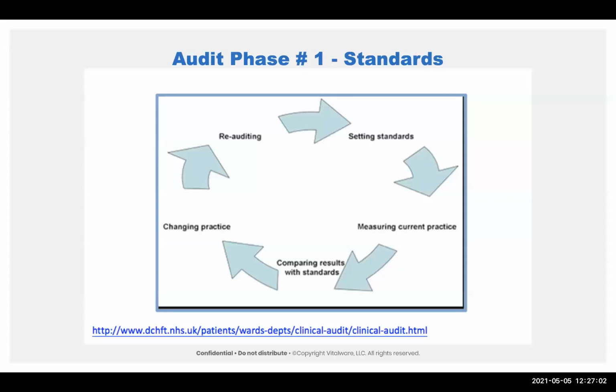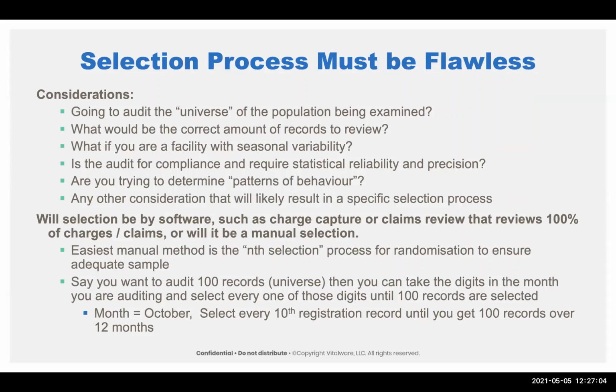So when we're looking at these standards and measuring the current practice, those are basically setting the framework for the audit. And when we're looking at specific considerations, one is the universe of the population being examined. So what is it we want to audit, and do we have the entire sample? Do we only have a portion of the sample?